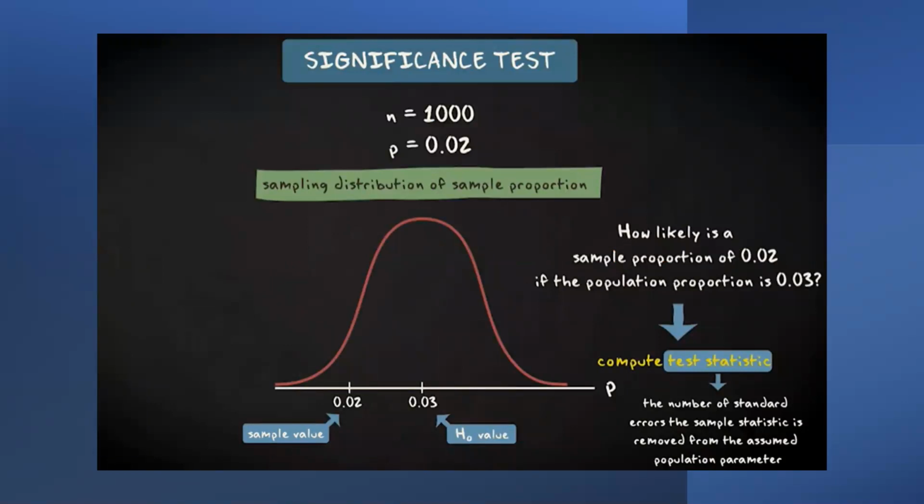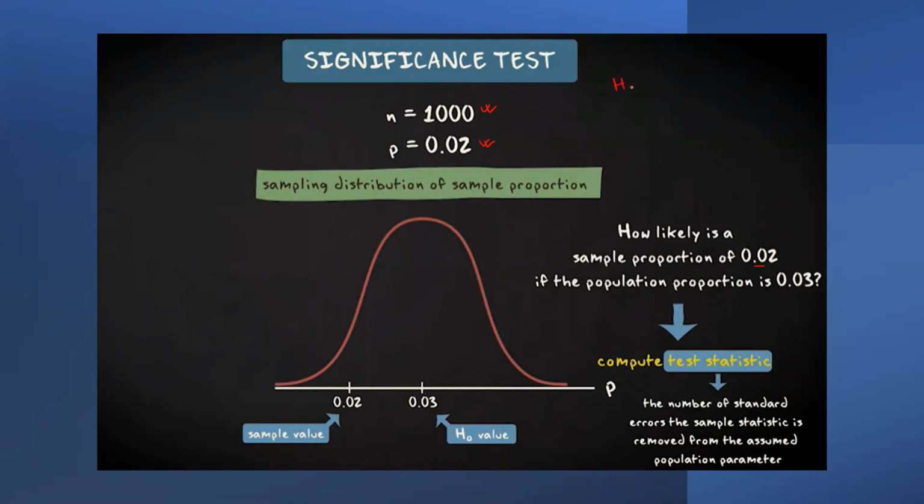Let's say my sample is of 1000 people and my proportion is 0.02. How likely is our sample proportion of 0.02 if the population proportion is 0.03? If my population proportion is 0.03, how likely is my sample proportion to be 0.02? This is what we need to test.